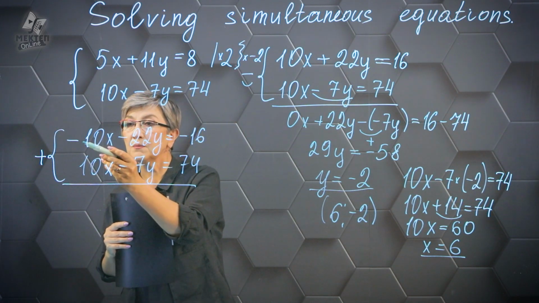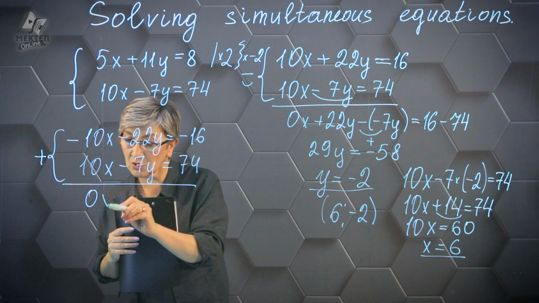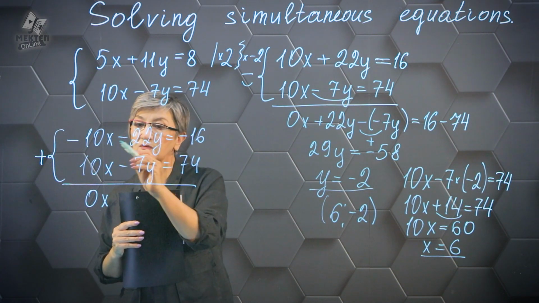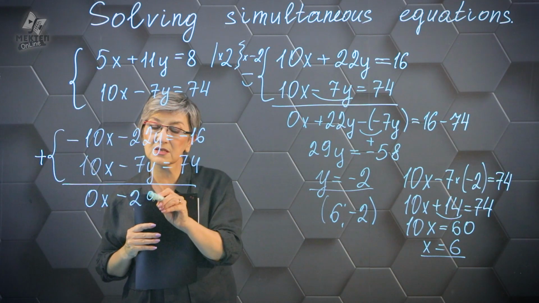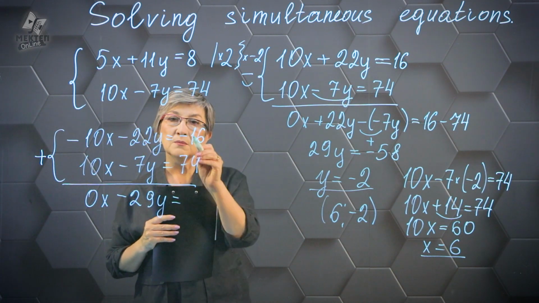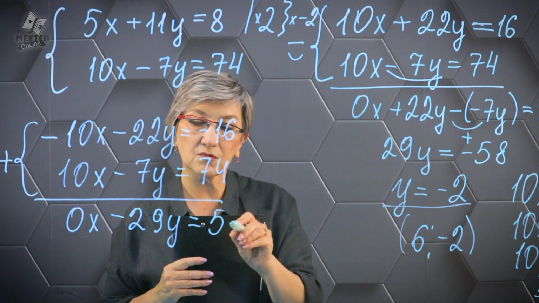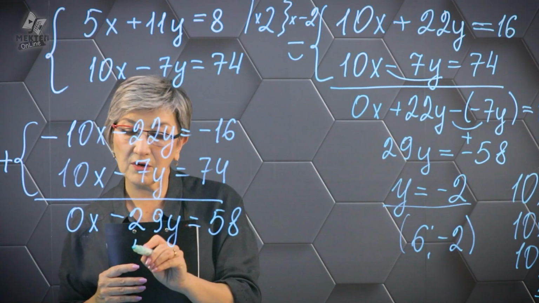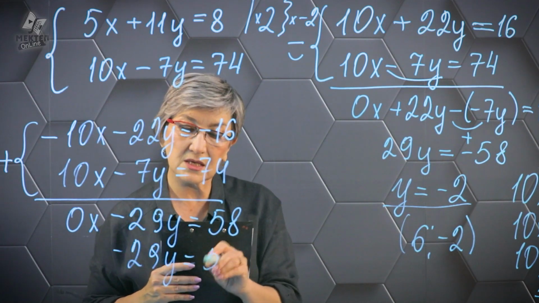Then we will get minus 10x plus 10x results in 0x. Negative 22y plus negative 7y equals negative 29y. Minus 16 plus 74 is 58. Thus, from this equation, negative 29y equals 58.